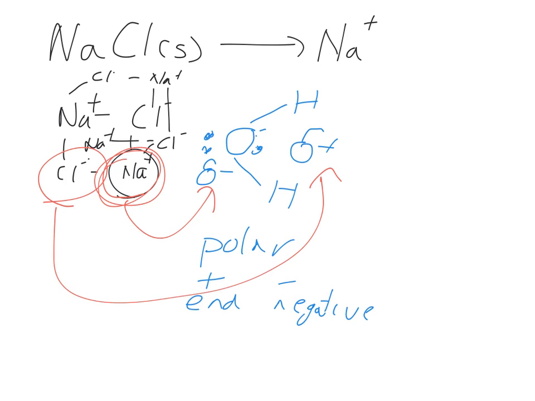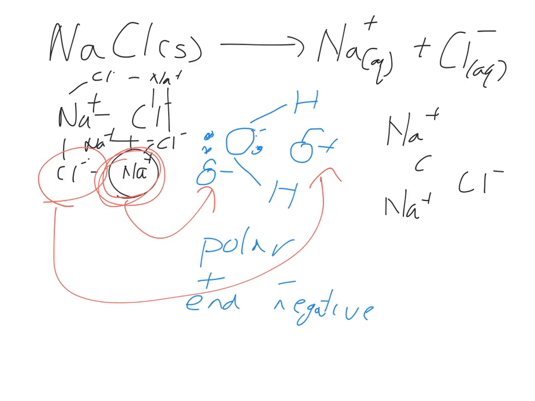You place sodium chloride in water, and instead of being that strong crystal, you get a mix of ions now floating around and associating with water molecules. So when you place sodium chloride in water, it breaks up into sodium and into chloride.